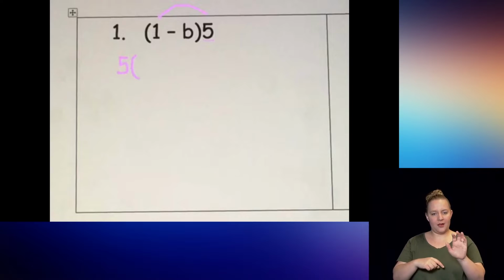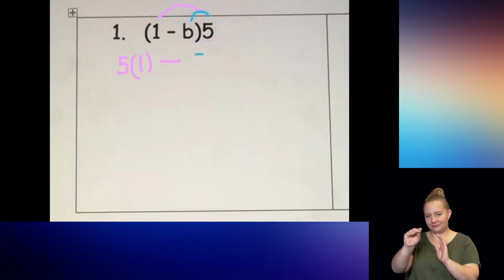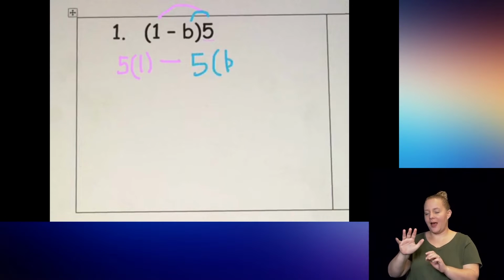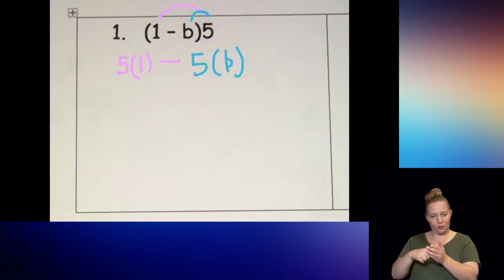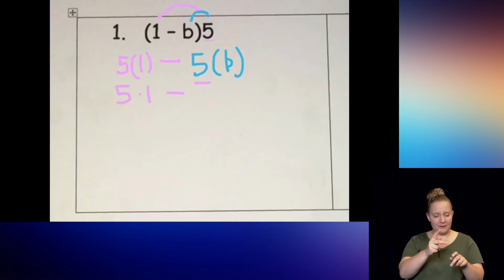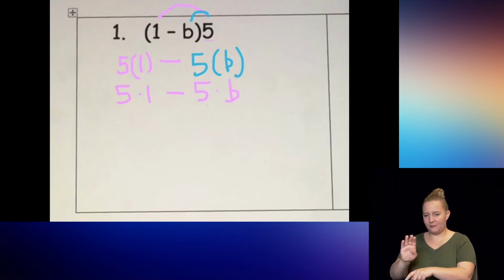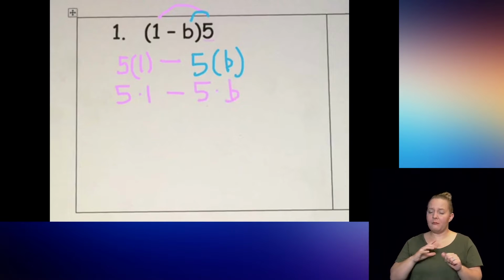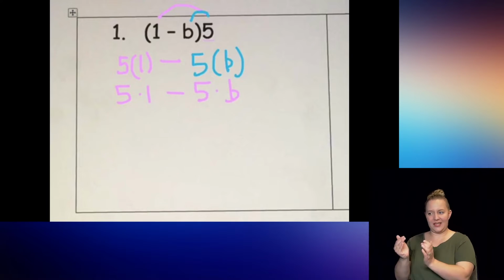Bring down my minus sign. And then we're going to take 5 times b. Notice that I've used parentheses. If that parentheses kind of messes you up, feel free also just to use the 5 times 1 minus 5 times b. It's totally up to you, but I'm going to stick to the parentheses just for now.